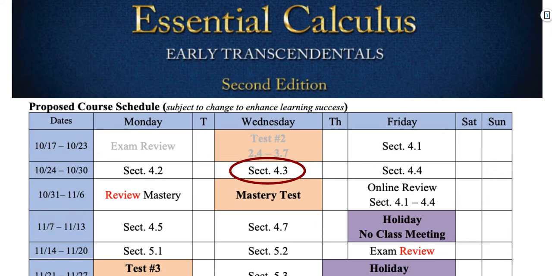Anyway, that Friday you can watch a review video over 4.1 to 4.4. And then we'll just continue on. We have a holiday, Veterans Day. And then we've got a couple more sections, a review, and then exam 3.